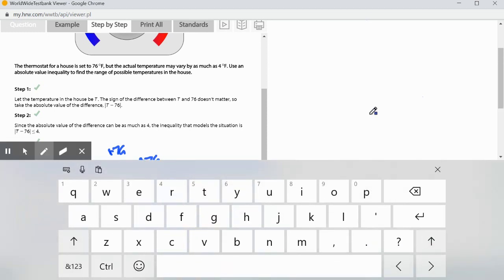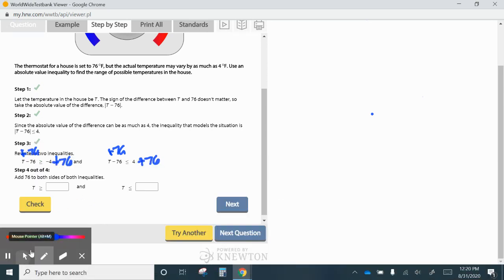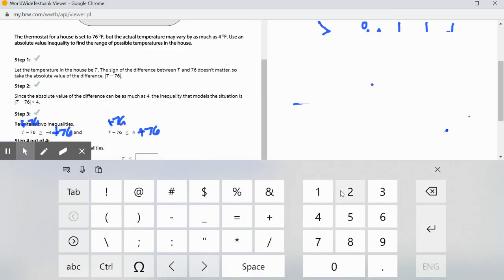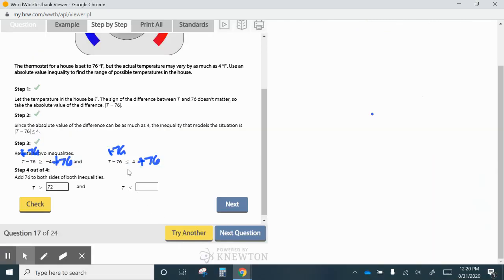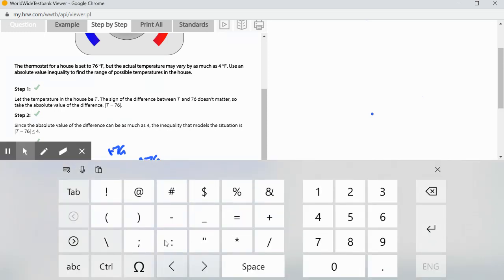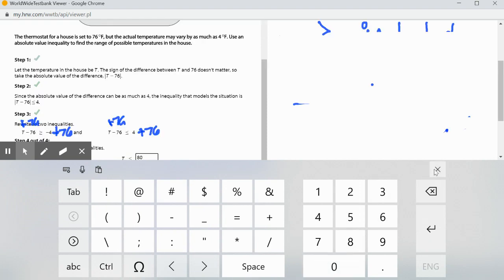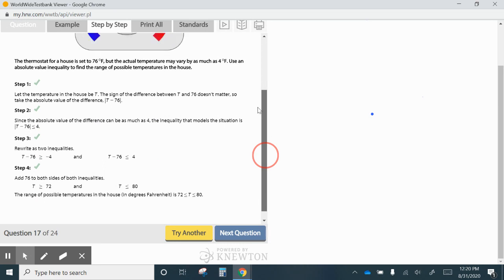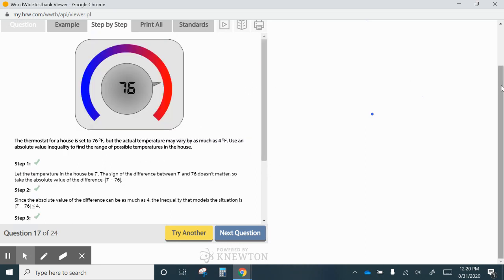Let me get the mouse clicker. So, negative 4 plus 76 is 72. And 4 plus 76 is 80. Check. All right, everything is correct. Let's move on to the next question.